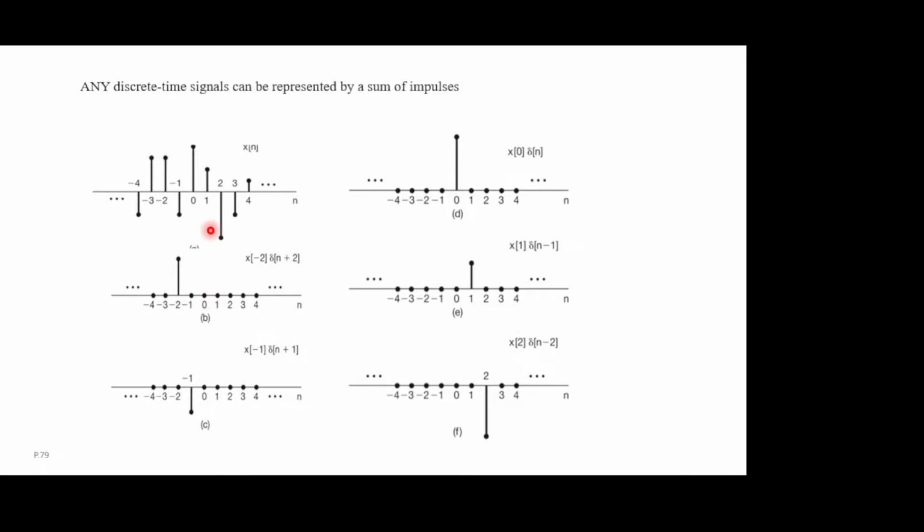We shift this delta of n, so delta of n plus 2. Then this x of minus 1, we can have this minus 1 spike here. We can write it as x of minus 1 times delta of n plus 1. And for n bigger than 0, we can also have this x1, x2, etc. So we represent each spike by x of k times delta of n minus k.